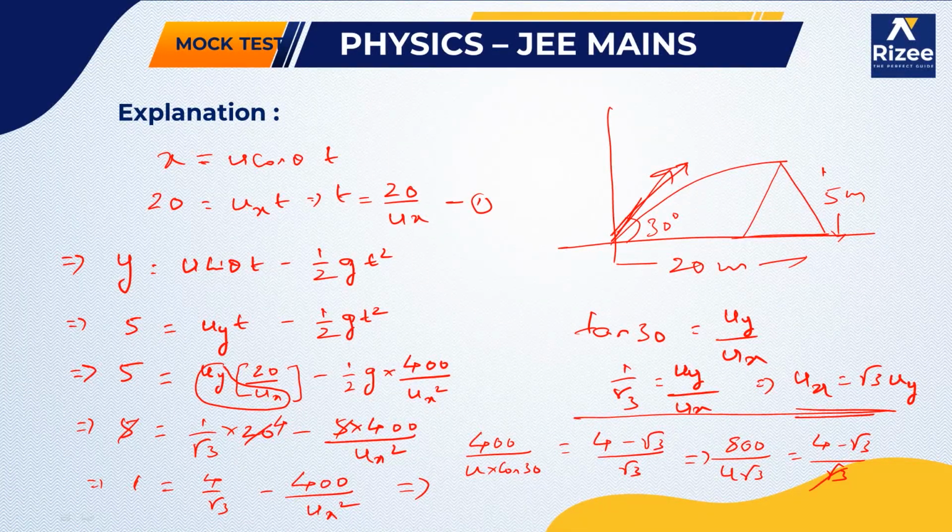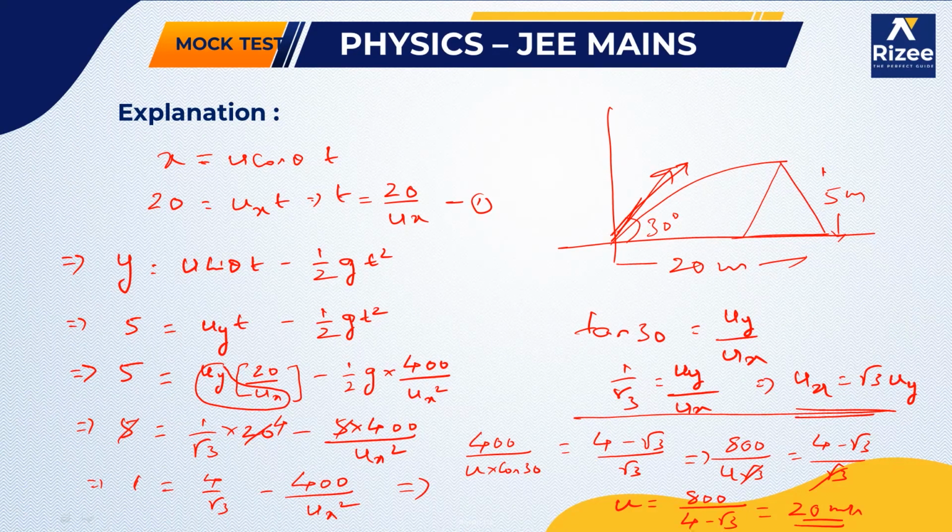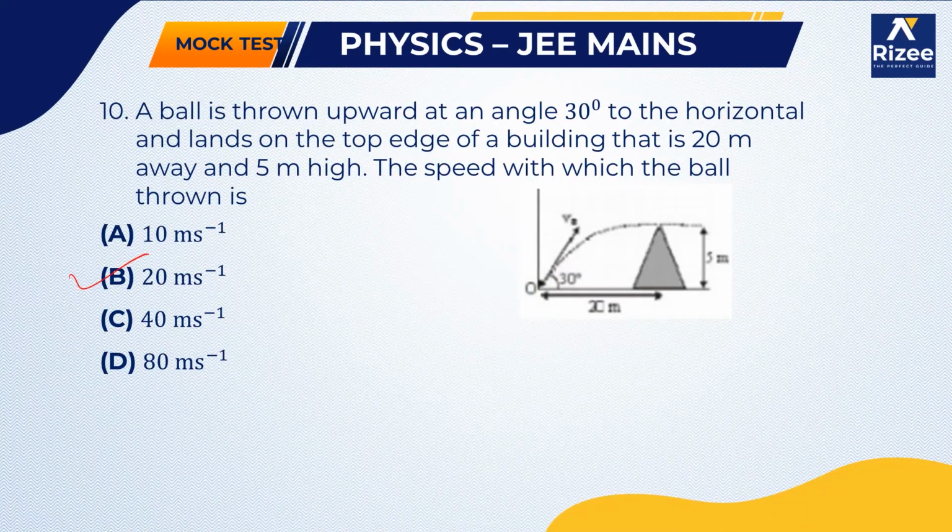You can remove the denominator root 3, and on solving, u is equal to 800 by (4 minus root 3). Your final answer will be approximately 20 meters per second. That represents your second option, that is B.